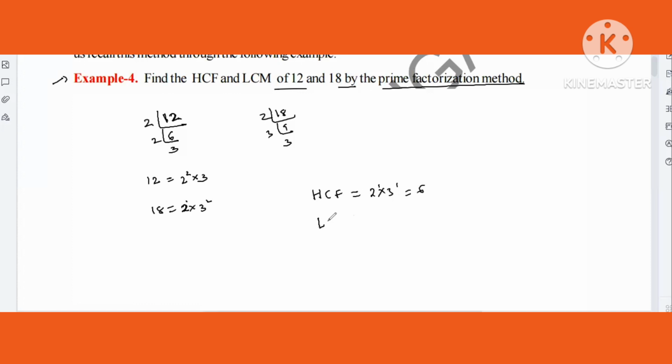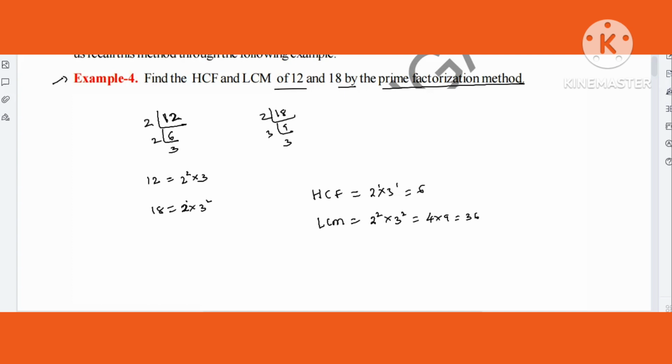And if you take LCM, you should write the highest power of the common bases and also the remaining numbers. So here the highest power is 2 square and also 3 square. 2 square is 4, 3 square is 9, answer is 36. So this is calculation of LCM and HCF by using the prime factorization method.